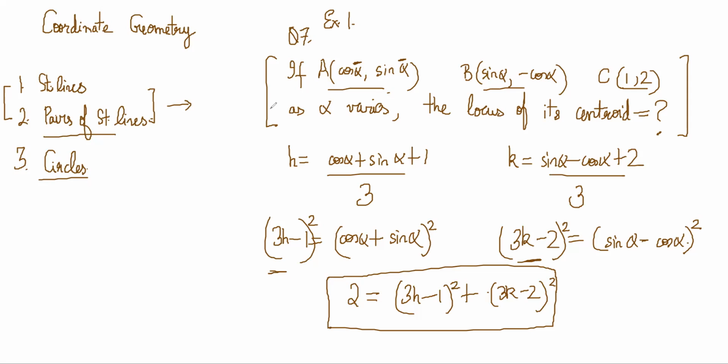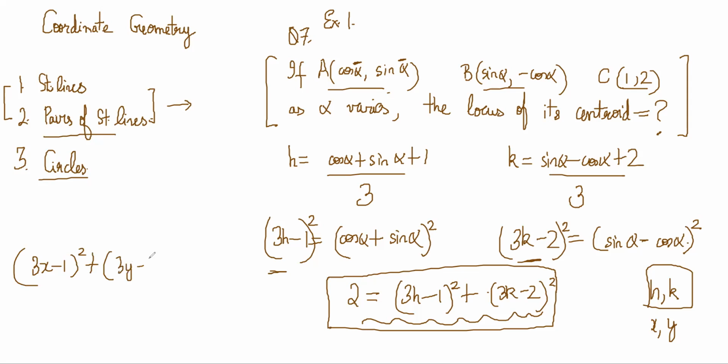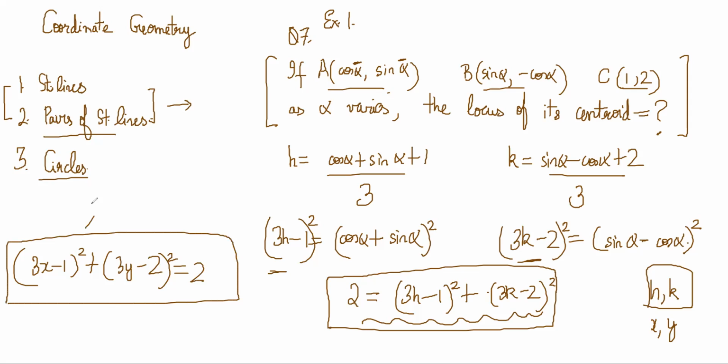So in that way you can remove the alpha from the equation and you get an equation in just h and k. (h, k) was a variable point, so replace that with x and y, and the answer will be (3x minus 1) whole square plus (3y minus 2) whole square is equal to 2, which is the locus of the centroid. Okay, next one.